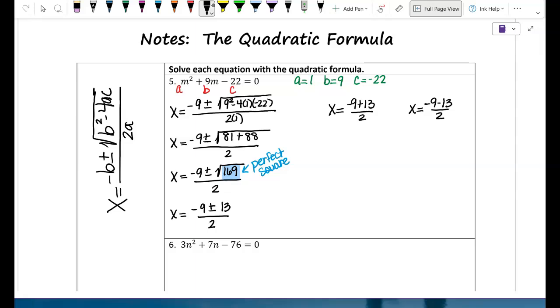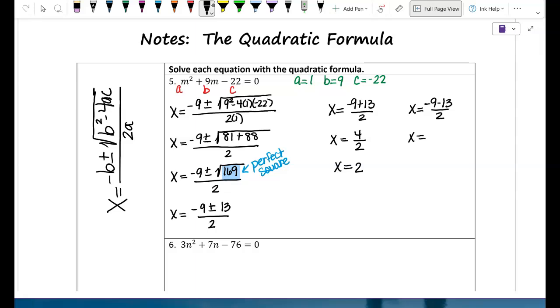So what is negative 9 plus 13? 4, so 4 divided by 2 means that x equals 2. So one of the places where my function crosses the x-axis is at positive 2.